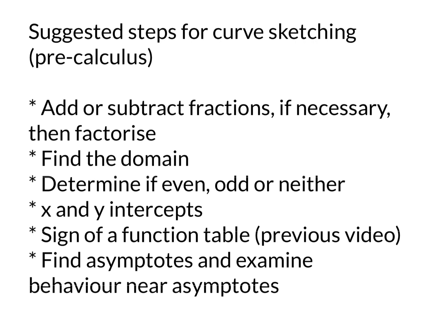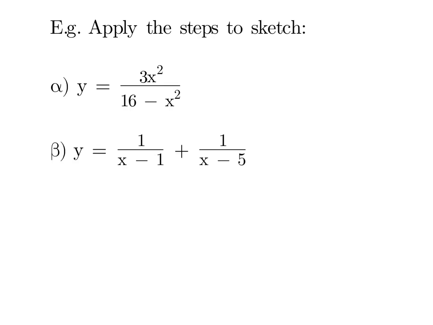You determine if the function is even, odd, or neither. X and y-intercepts using y equals 0 and x equals 0, respectively. The sign of the function, we did that in a previous video. And then you find the asymptotes. And today we're going to look at, well, how does the function behave near the asymptotes?